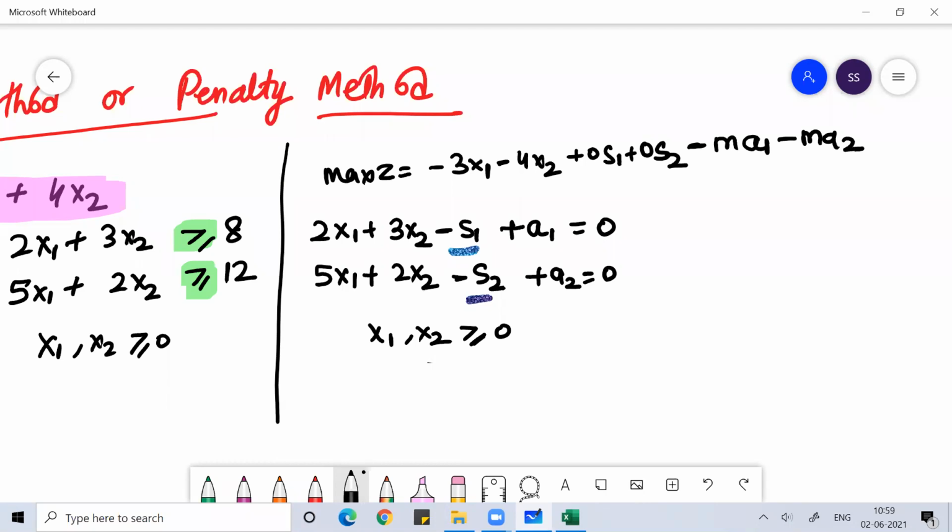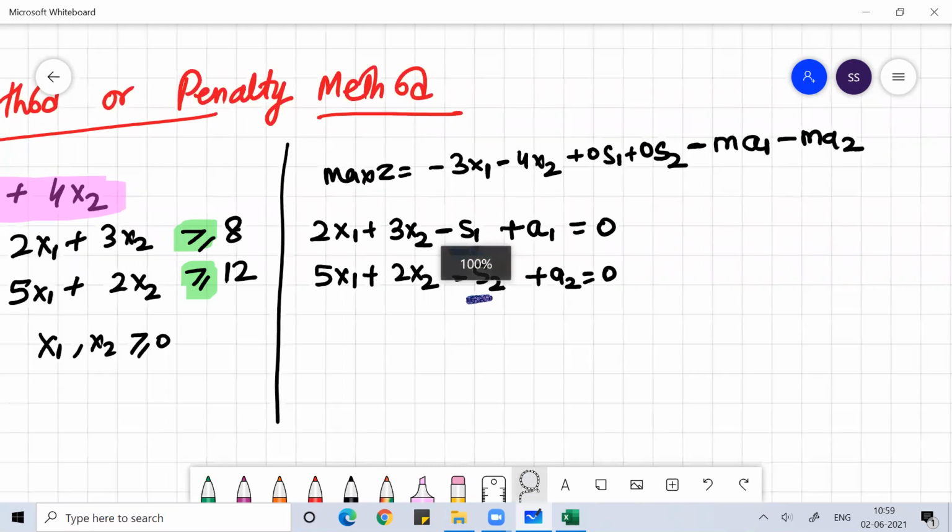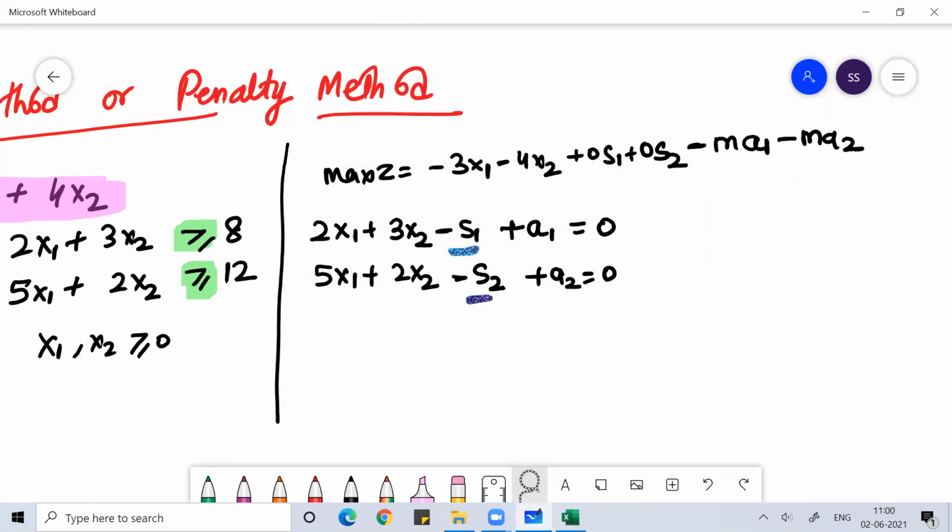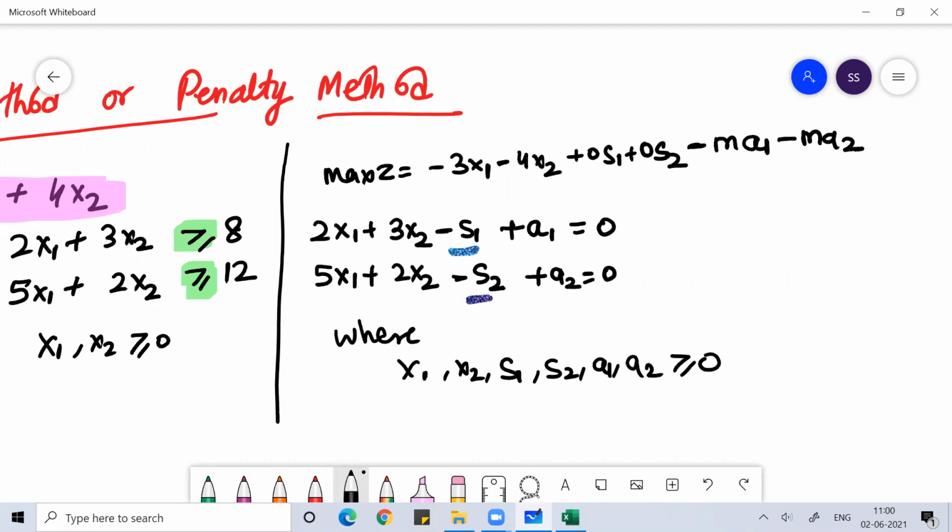You introduce two artificial variables. And in the non-negativity restriction you will write where x1, x2, s1, s2, A1, A2 should be greater than or equal to 0. This would be the standard form of solving the problem by the Big M method.